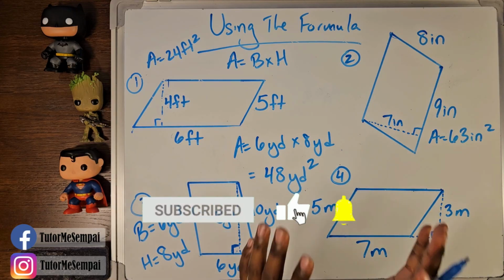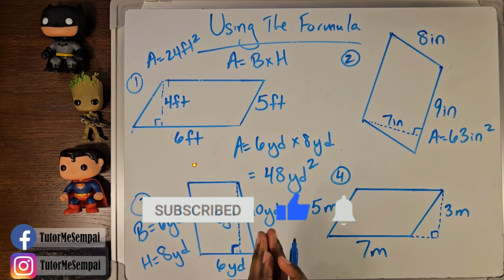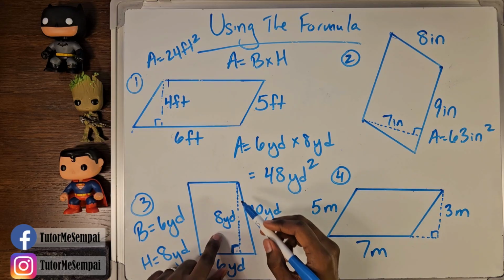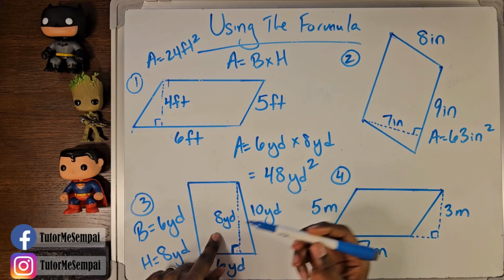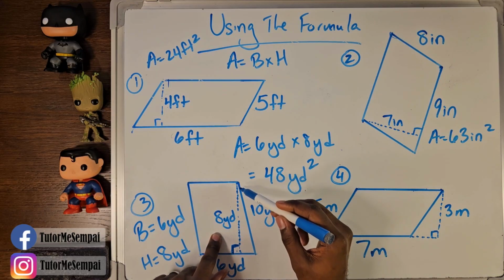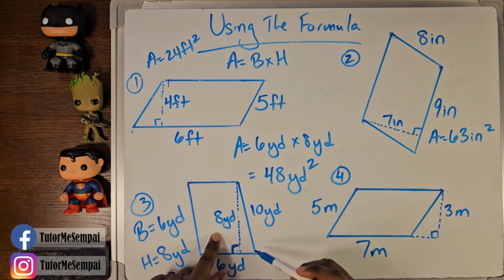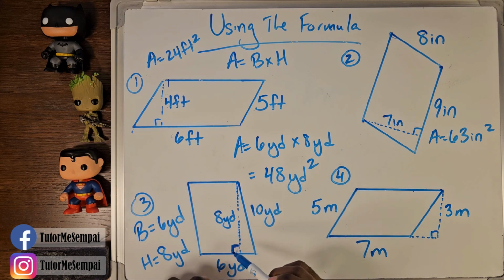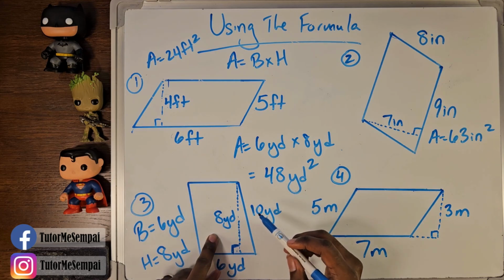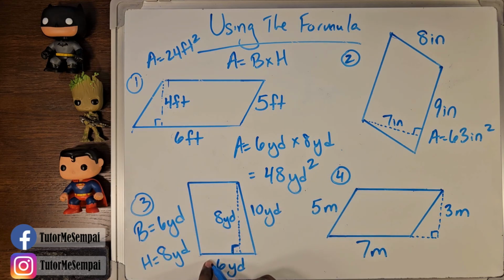So once again, don't fall into the trap of using the wrong base. Find your dotted line and see what it's perpendicular to. This is not a valid base for this question. Our height is not determined by this base, but this base.